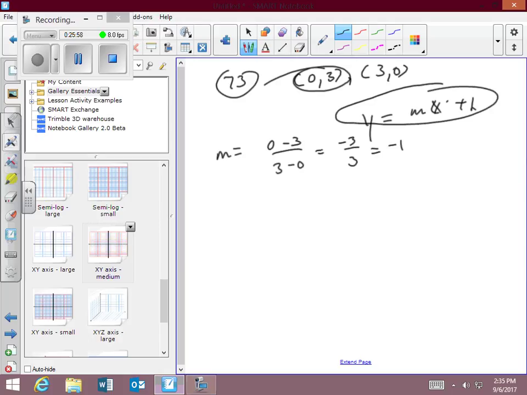So using this equation, y equals -1x plus what? 3. Y equals -x plus 3. Are you seeing it? Do you see how it works out? Okay.